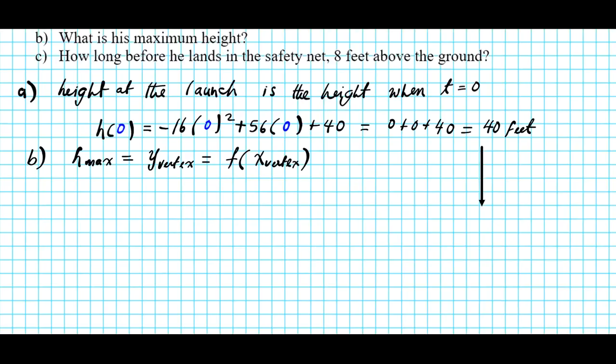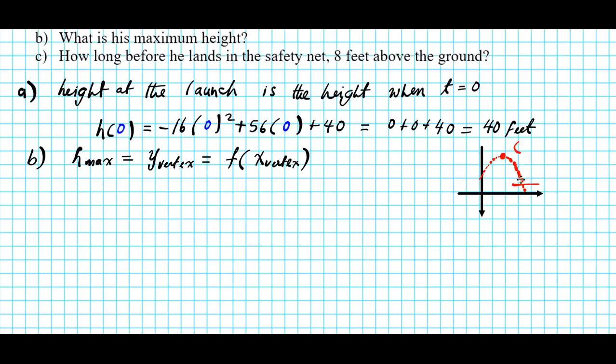So let me just illustrate what's happening here for you. Okay, so the human cannonball was launched upwards, and then he hits the maximum height and then comes falling back down until the person hits the net, the safety net. The safety net is somewhere down here. Okay, so this is the maximum height we're talking about.